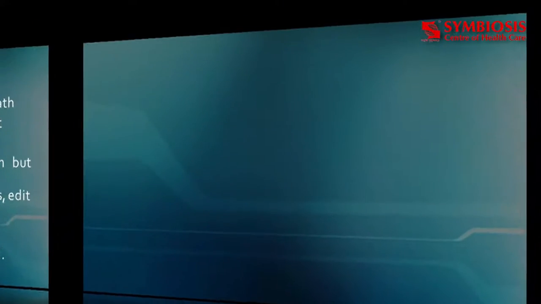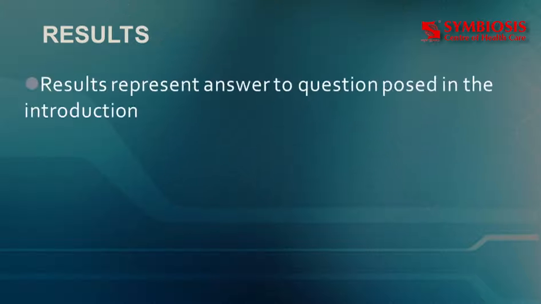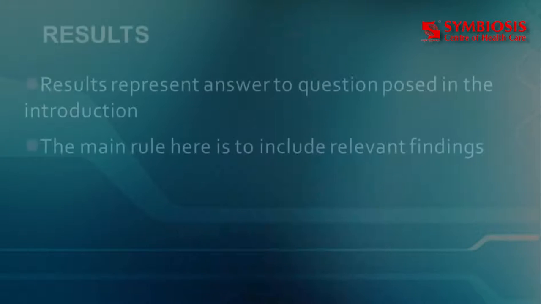That is more important. Now, move on to the results section. The results present the answer to the question that has been posed as a part of the introduction, and the main rule here is to include relevant findings, because you collect data, you analyze, you have so many findings, so many tables, but you have to see which tables are more relevant, and you have to include those tables as a part of your results.